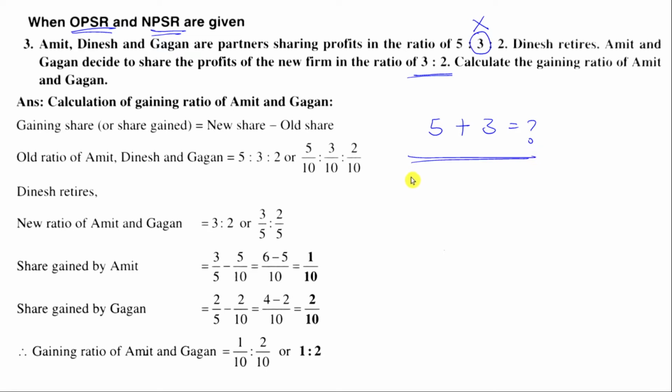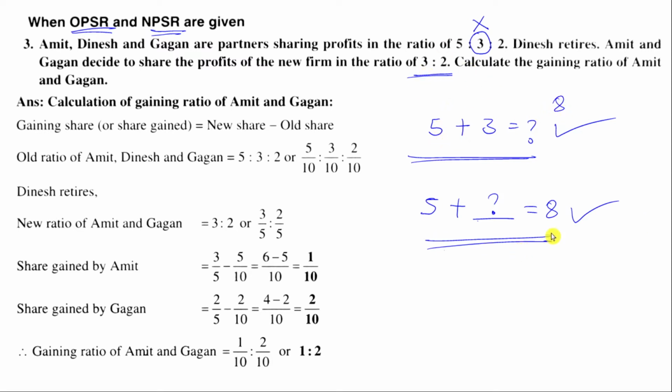But in this problem they're asking 5 plus a question mark is equal to 8. This is how they ask in this type of question. This was the last problem and this is the current problem we are solving now. If I ask you the answer, you may directly say it's 8.